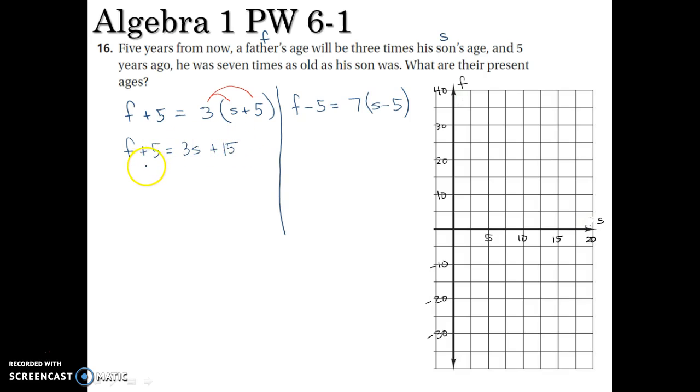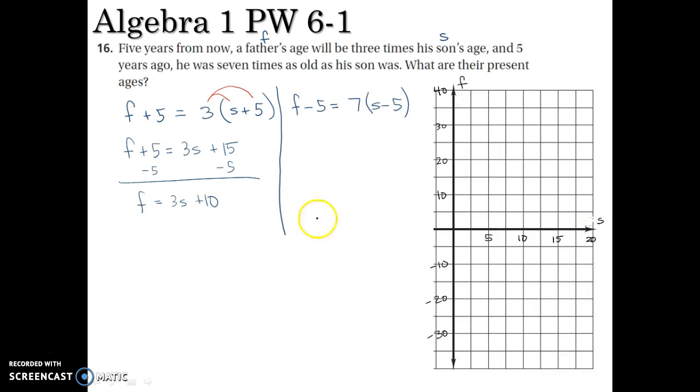And then I'll subtract 5 from both sides to get F by itself, and I get F equals 3S plus 10. Now I'll graph that one.